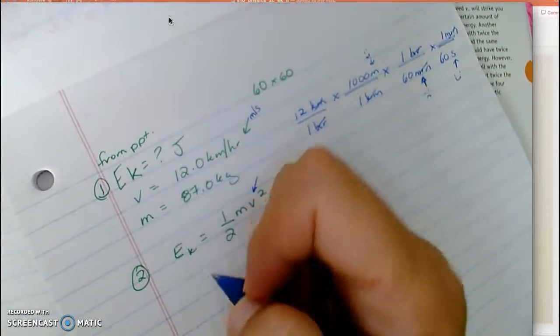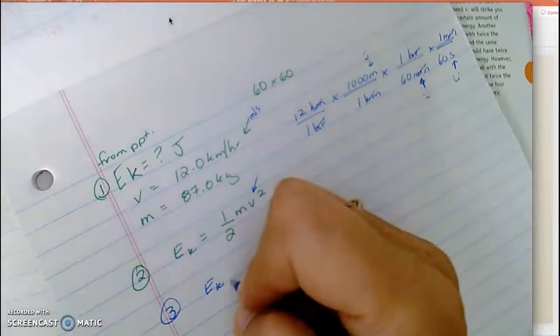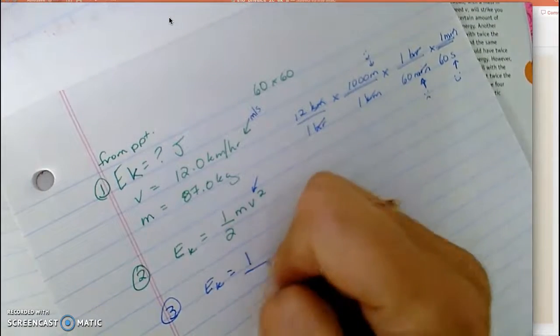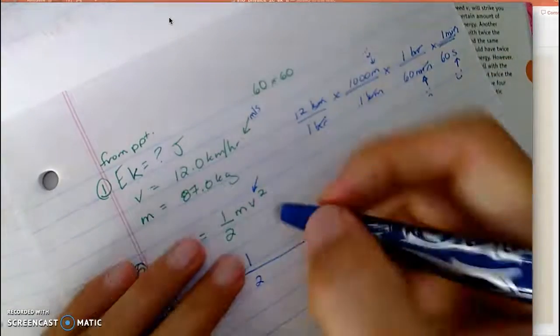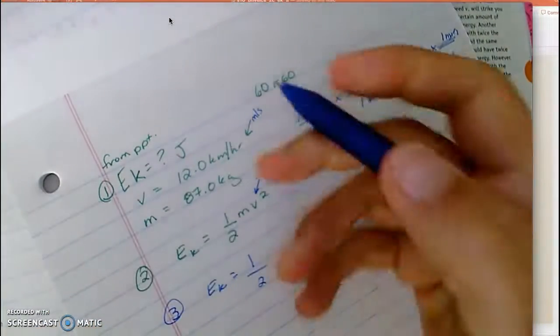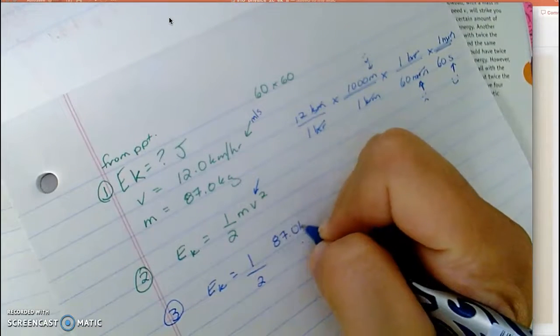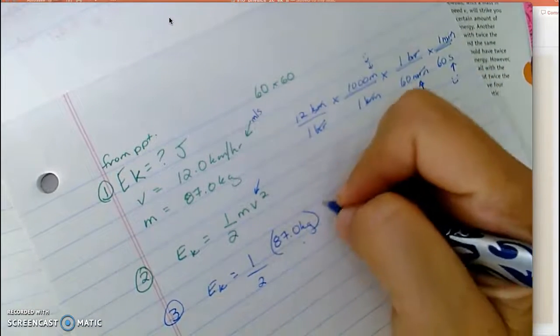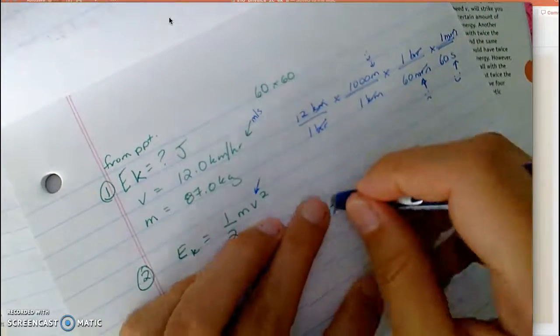So for step 3, punching in our numbers, mass was 87 times... or why did I put 12? This is our new number here.